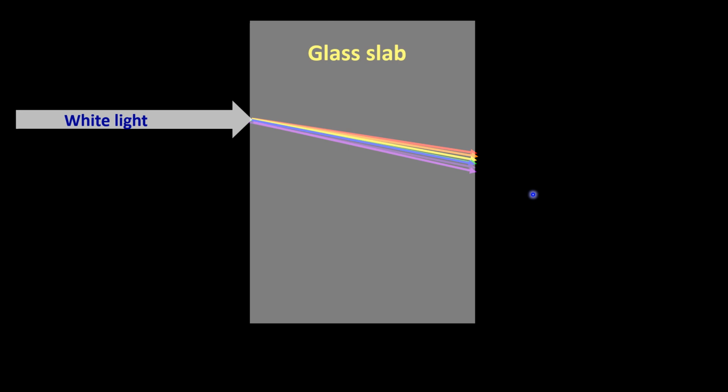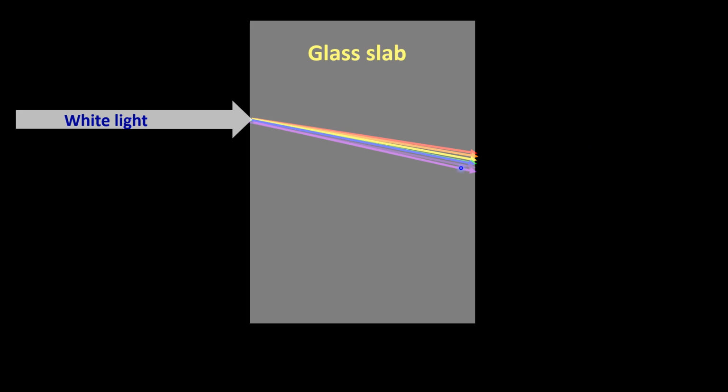So the glass slab will bend them differently, according to their speeds. So here all the colors have become separated and they have traveled to the other side of the glass slab. Now they have to emerge from this side.